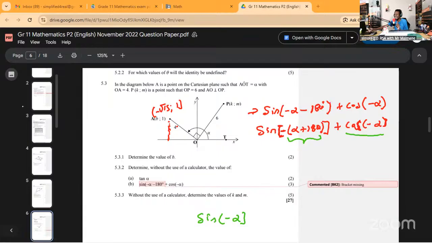Since we measure angles from 0 degrees, 90 degrees, 180 degrees, and 270 degrees, when we go from 0 going up, we go positive angles. That's why we say plus, plus, plus: 0, 1, 2, 3, 4, 5, 6, up until 90.